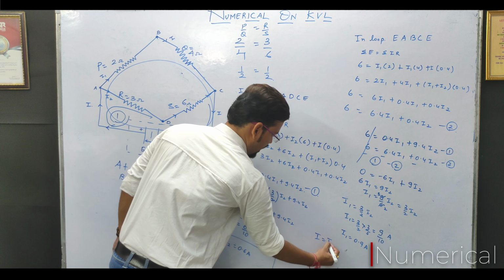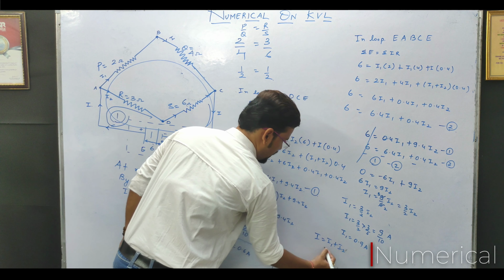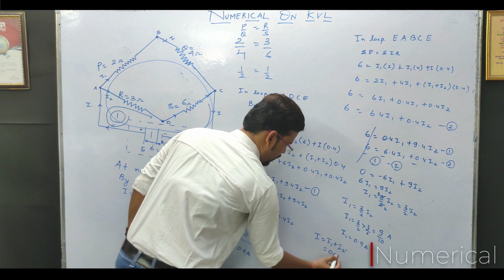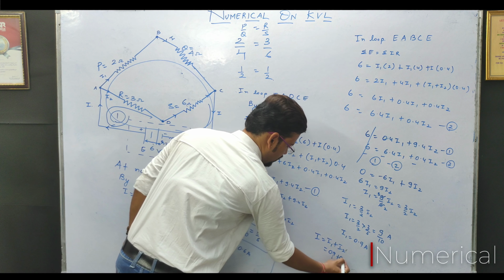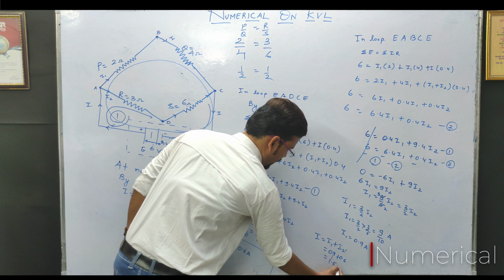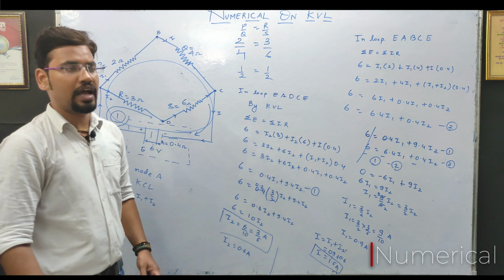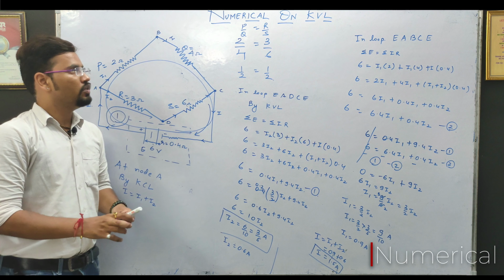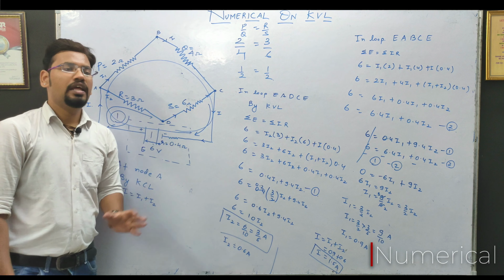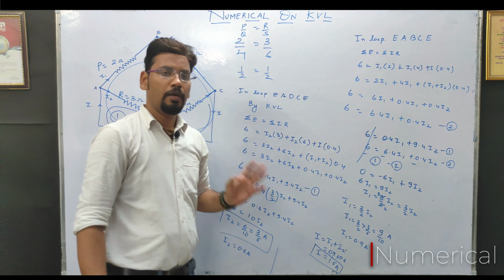I is equal to I1 plus I2, which means 0.9 plus 0.6, which will be equal to 1.5 ampere. So this is the value of the three currents I, I1 and I2, which we have solved using the concept of KVL and balanced Wheatstone bridge.